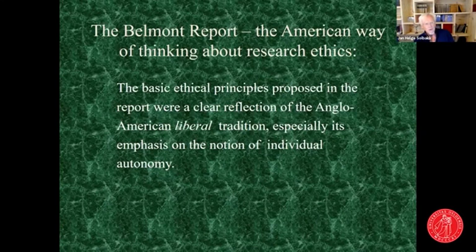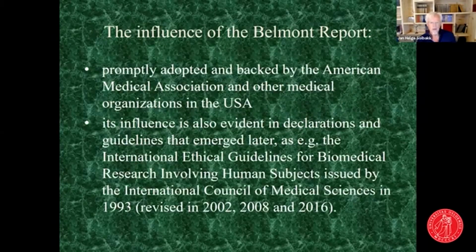The Belmont Report, in a way, represents the American way of thinking about research ethics. That is, it reflects the Anglo-American liberal tradition, especially its emphasis on the notion of individual autonomy. The report was promptly adopted and backed by the American Medical Association and other medical organizations in the US. Its influence is also evident in declarations and guidelines that emerged later.